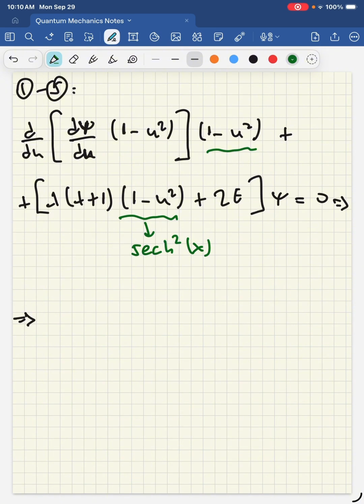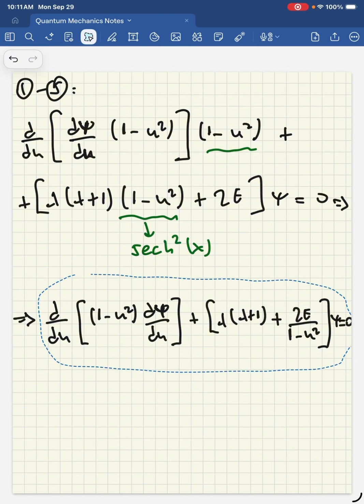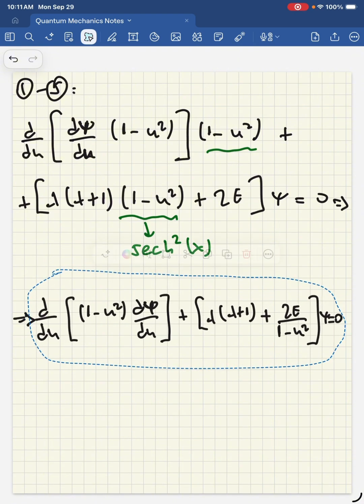So we get d over du of 1 minus u squared d psi over du, plus lambda times lambda plus 1 plus 2E over 1 minus u squared, times psi equals 0. Sorry, I crammed everything in there. Let's try to make some space.